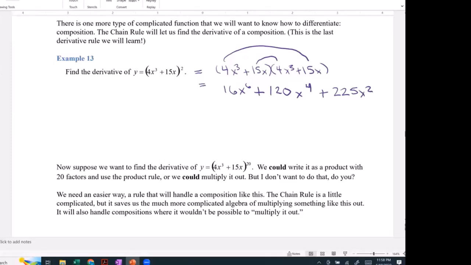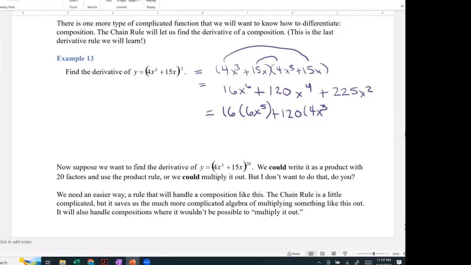And now we could find the derivative. Remember, it's easy from here. Take out the constant, use the power rule, which is 6 times 16x to the 5th, plus 120 times 4x to the 3rd. This is not an n, this is an x.